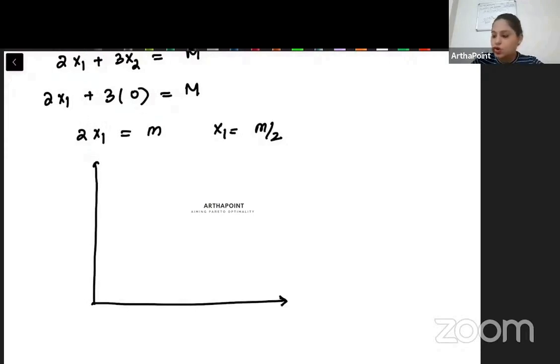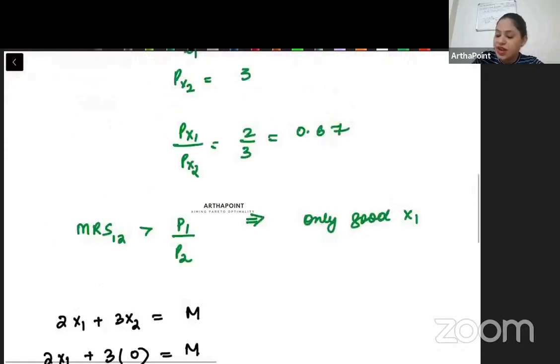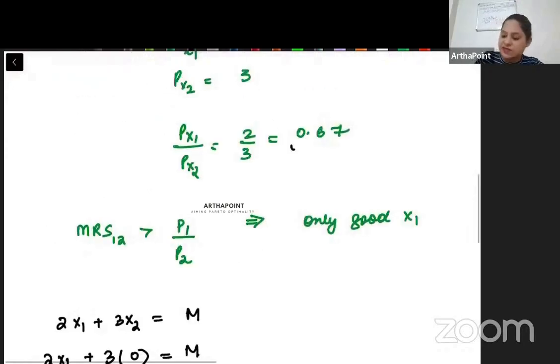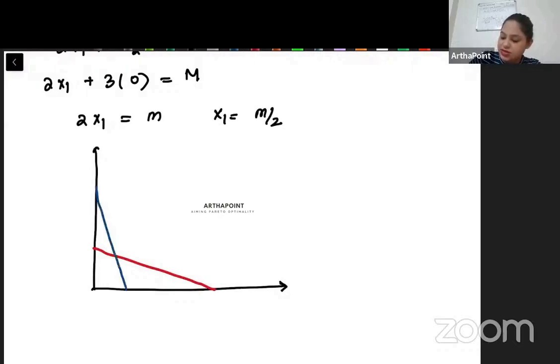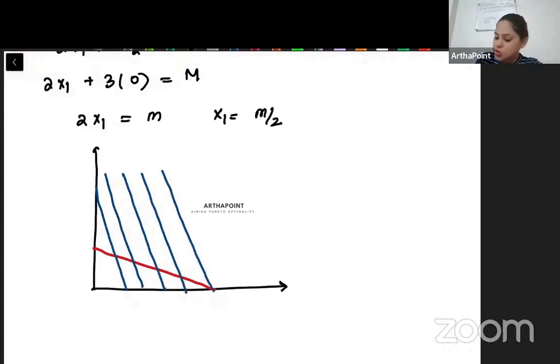Just for our sake, if I were to draw, the budget line has a slope of 0.67. So the budget line is going to turn out to be flatter. And the ICs will be steeper. So my ICs will be like this. And my aim is to reach the highest IC possible. So I will be reaching this point. This will be my equilibrium point.